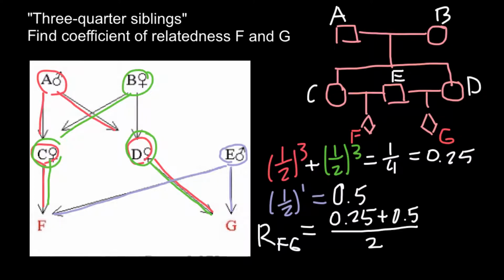In order to find a mean, we have to add two numbers and divide by the number of numbers we have. If we have two numbers, we divide by 2. If we had three numbers, we would divide by 3. So we get 0.75 divided by 2, which is 0.375. And this is the coefficient of relatedness between individuals F and G.